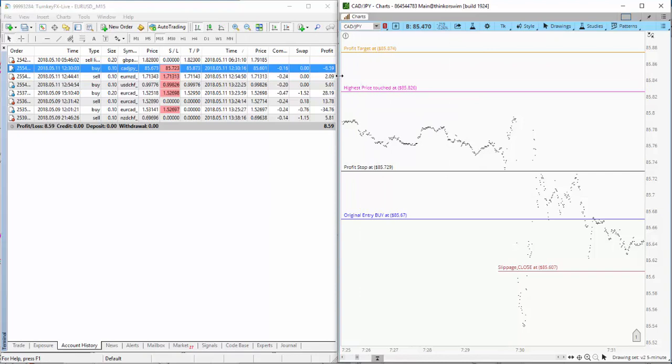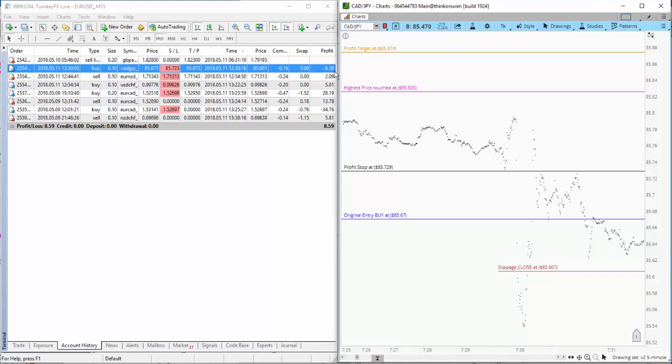Usually when you see slippage, you'll see it for like 1/10 or 2/10 of a pip. You rarely see it more than 1 full pip or 2 full pips, but sometimes you can see it be fairly significant.